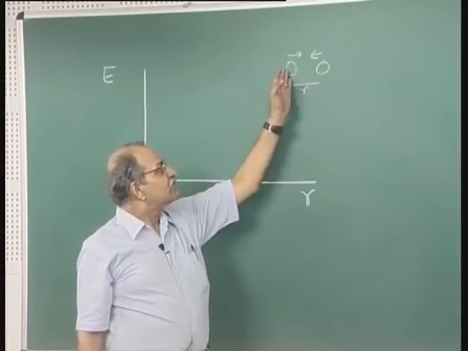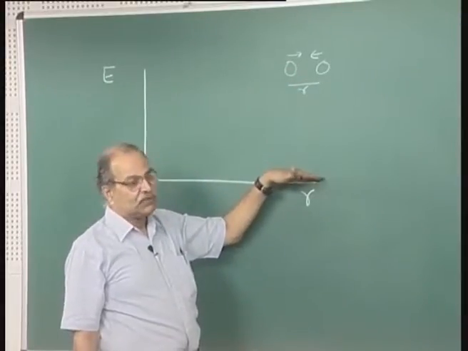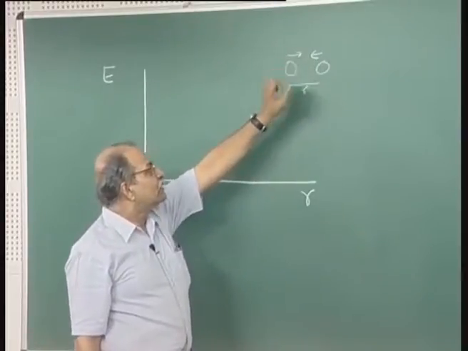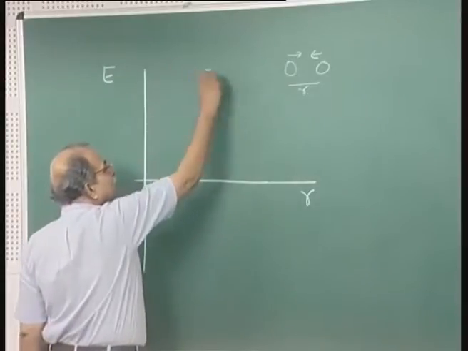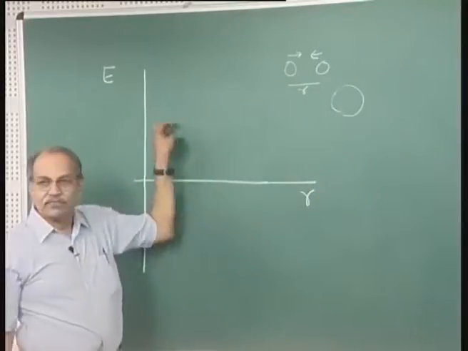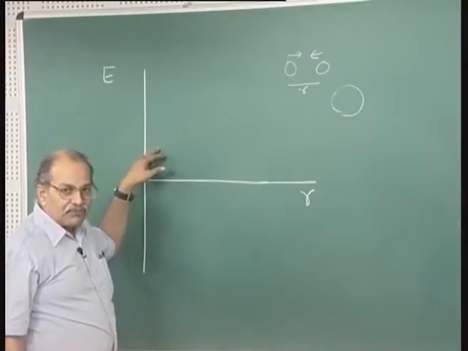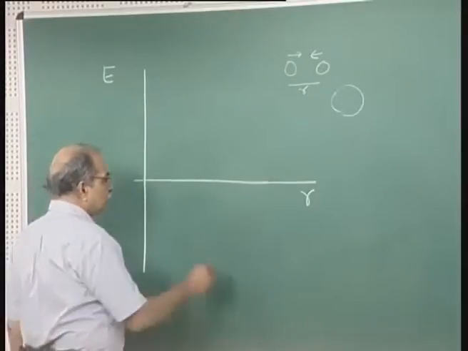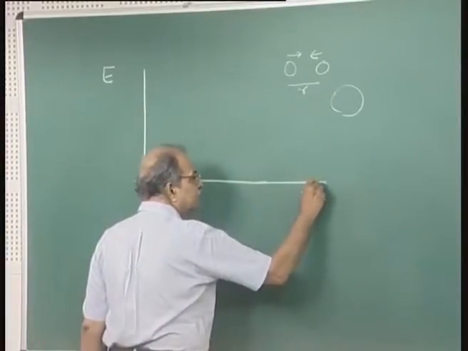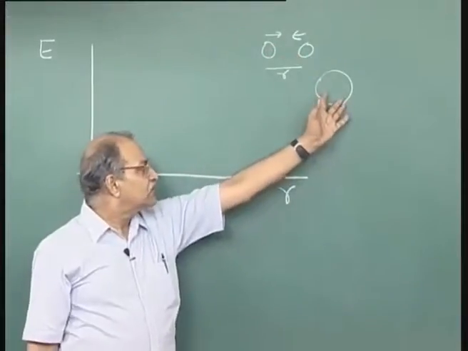If they are widely separated, with r much larger, I take the initial energy as 0. You have to take care of rest mass energy also. When they combine and form one big nucleus, r is very small, in the nuclear range, the rest mass energy has gone down, and the energy will come somewhere here if I take this as 0.